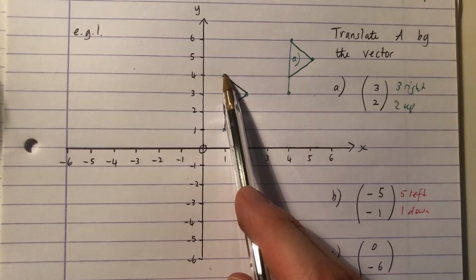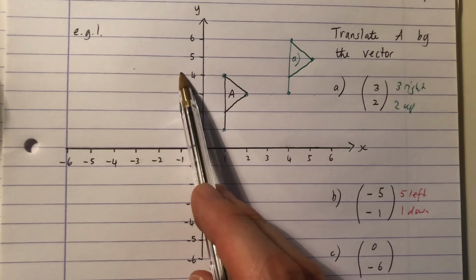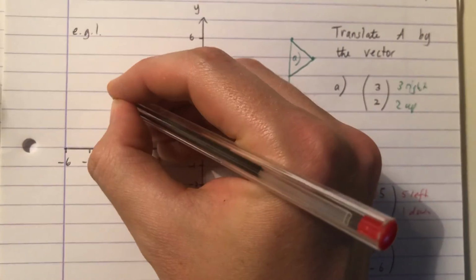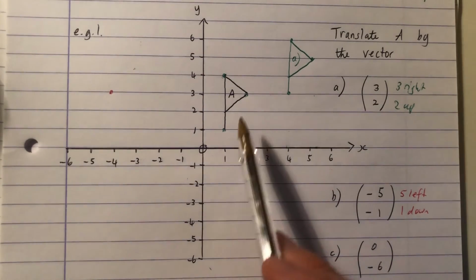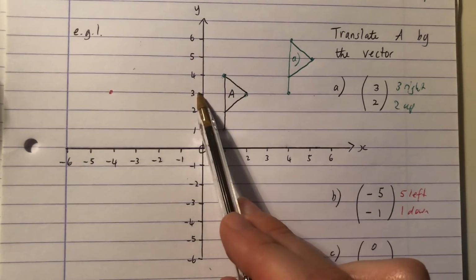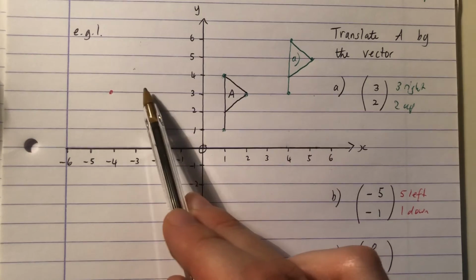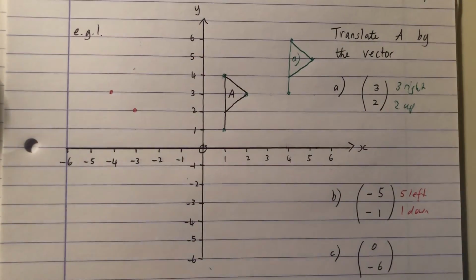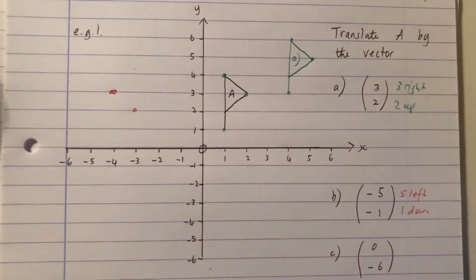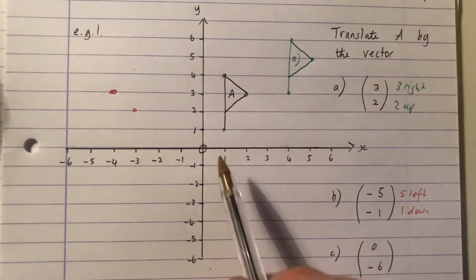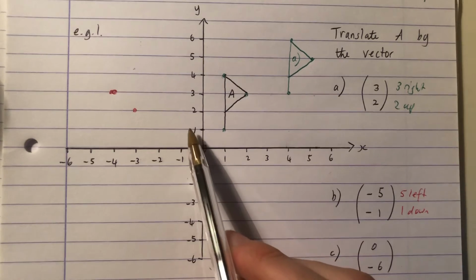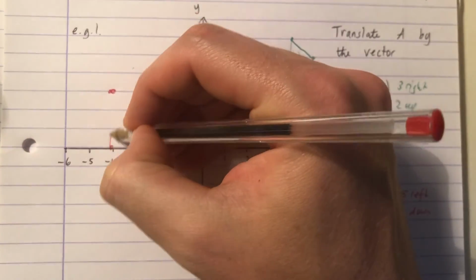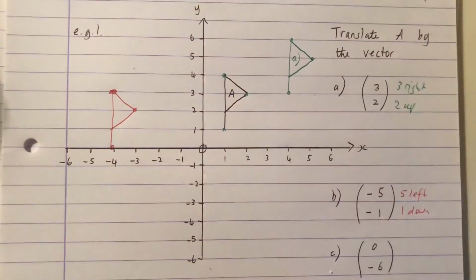So 5 left, 1 down. 5 left, 1 down. That one's not the best, there we go. And then maybe pick this bottom one. 1 down there. And then that's enough information for me to draw the object.